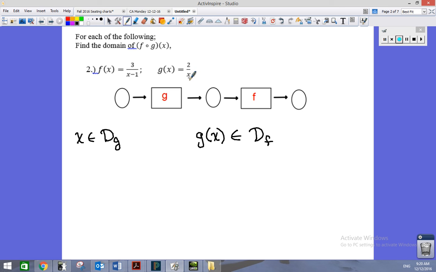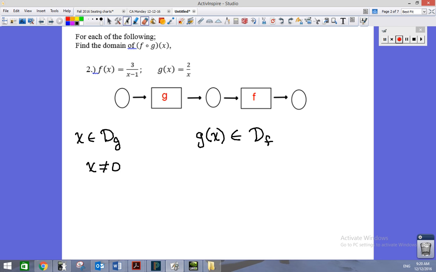We need to avoid division by 0, so we do not want to put a 0 into this function because 2 divided by 0 is undefined, and we would have no value to input into f. So there's not going to be a final answer if we try to input 0 into this function. 0 is not in the domain.